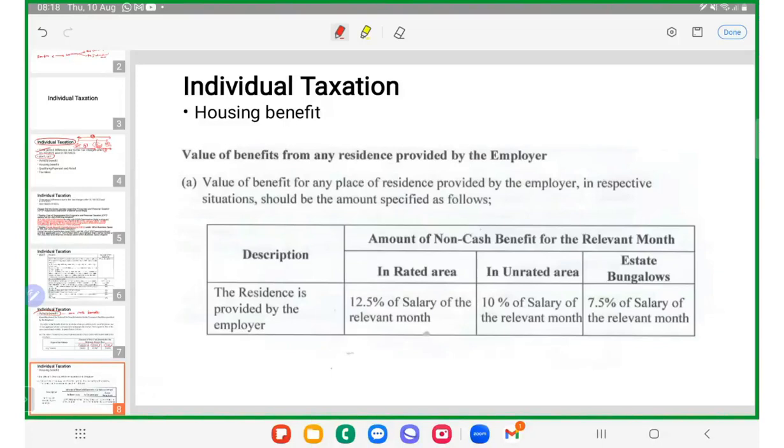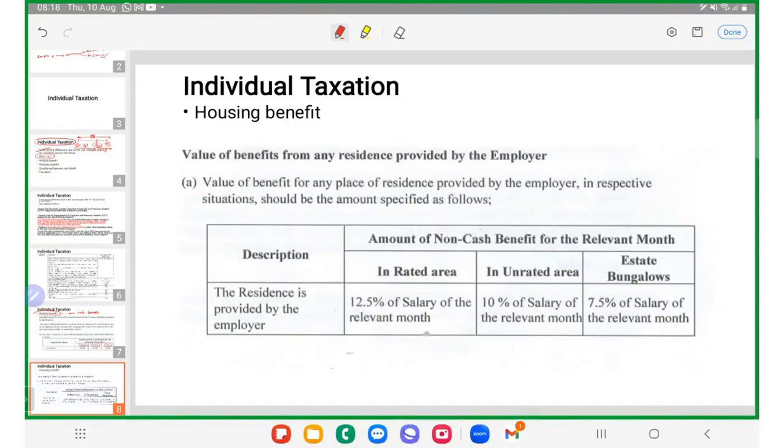Now there is no such requirement of calculating that individual's monthly remuneration. Just check whether the provided house is located in a rated area, an unrated area, or is a state bungalow. If the house is located in a rated area, the monthly benefit is 12.5% of the salary of the relevant month. If the unrated area, 10% of the salary of the relevant months.